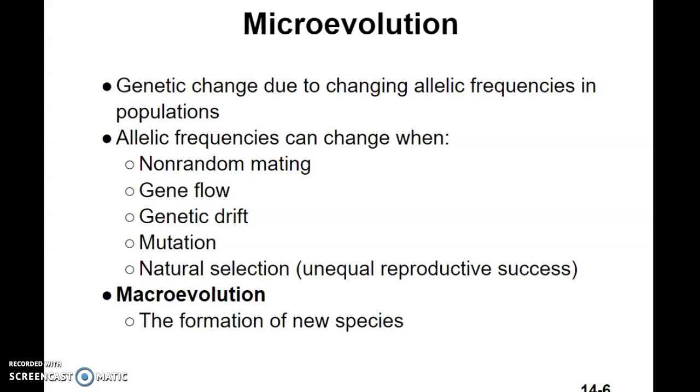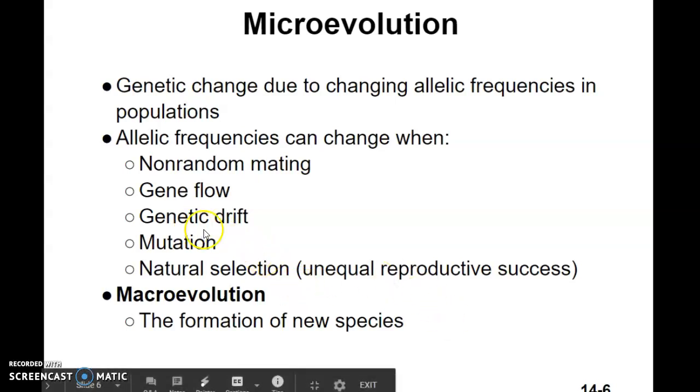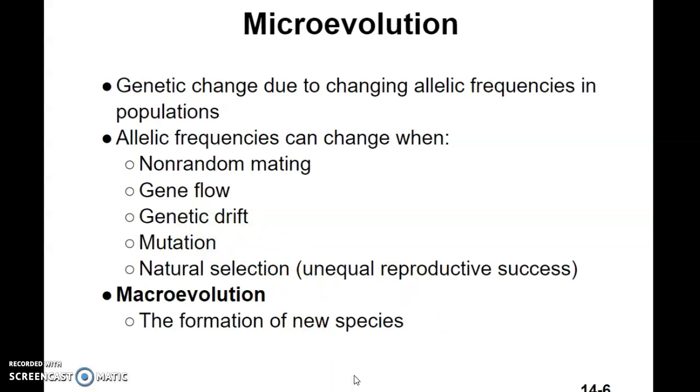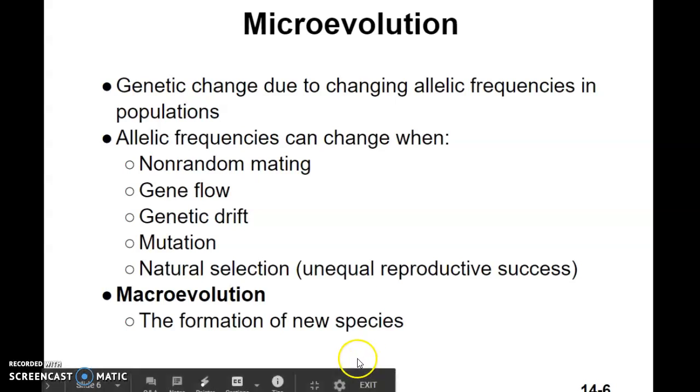There are different reasons that this can occur. We'll talk more about that next chapter. Mutations are probably the least common one that occurs, but it does happen. And natural selection is unequal reproductive success, so you don't reproduce as much, so your genes aren't passed on. If we get enough of these microevolution events occurring, we can then get the formation of new species, which is regular macroevolution.